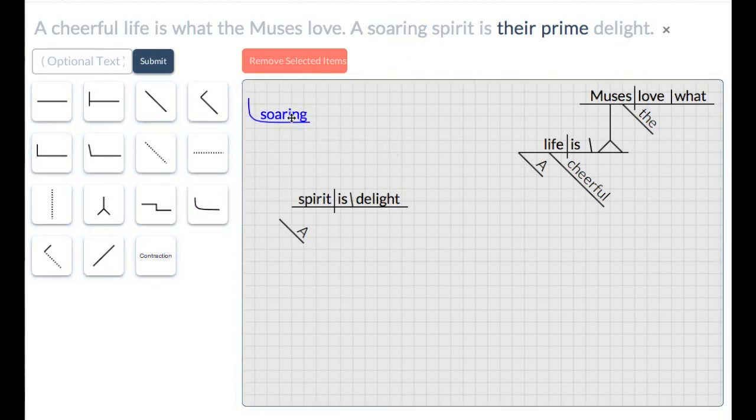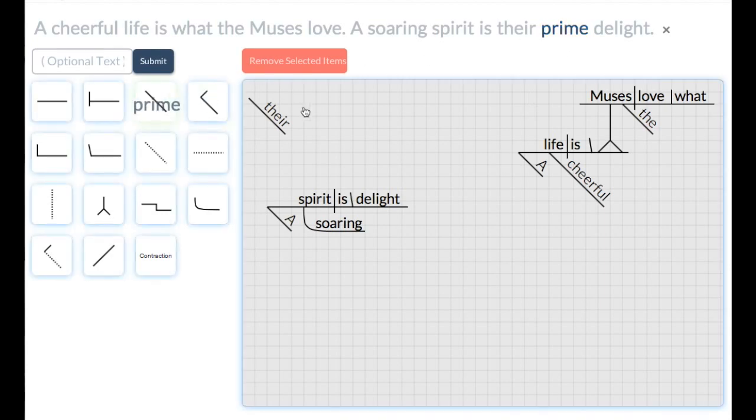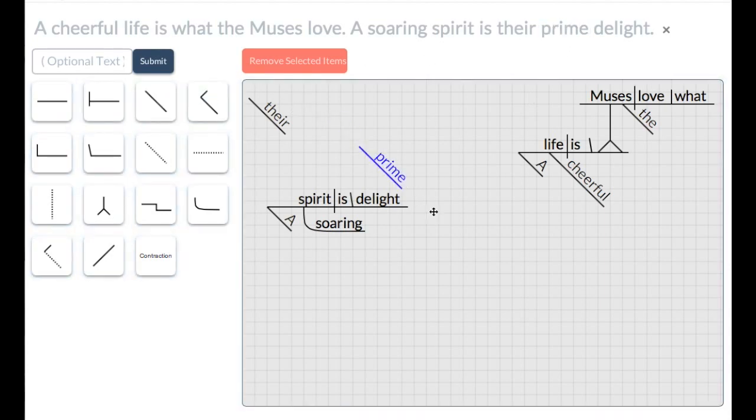And we diagram that on a slanted, curved line. Okay, I'm going to scooch this over a little bit. There we go. And their and prime are both adjectives. They're telling us more about delight.